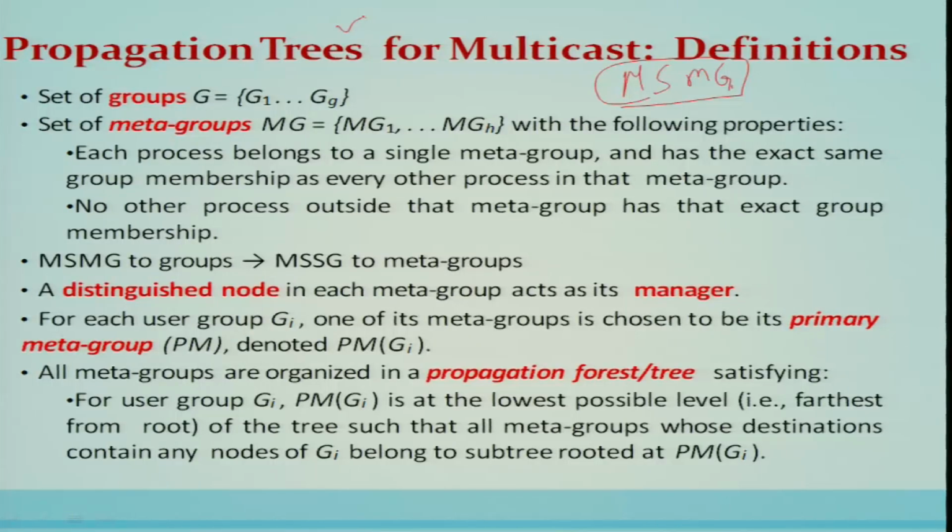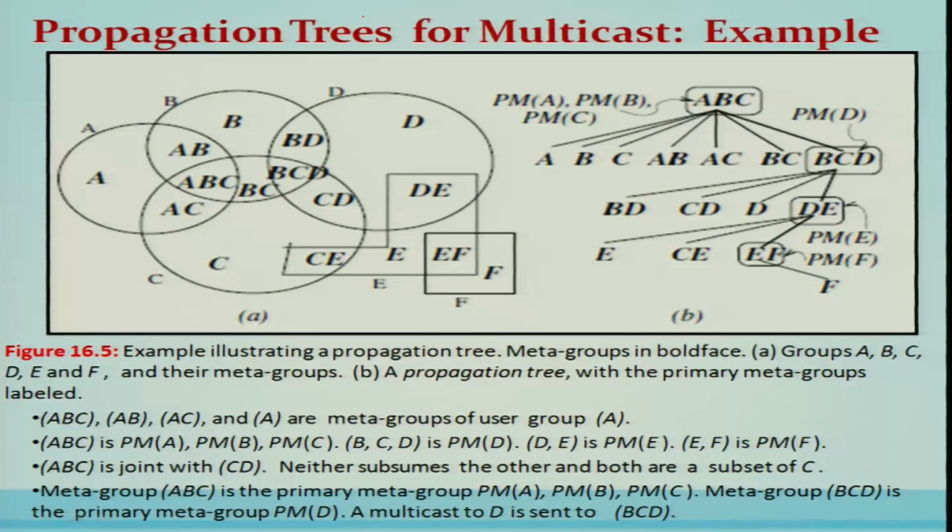So propagation trees for multicasting is going to basically solve the purpose. Let us see how the propagation trees are constructed. If this is the set of nodes, we are forming the meta group out of these groups, and these meta groups can be organized in the form of a tree, and this is called a propagation tree.